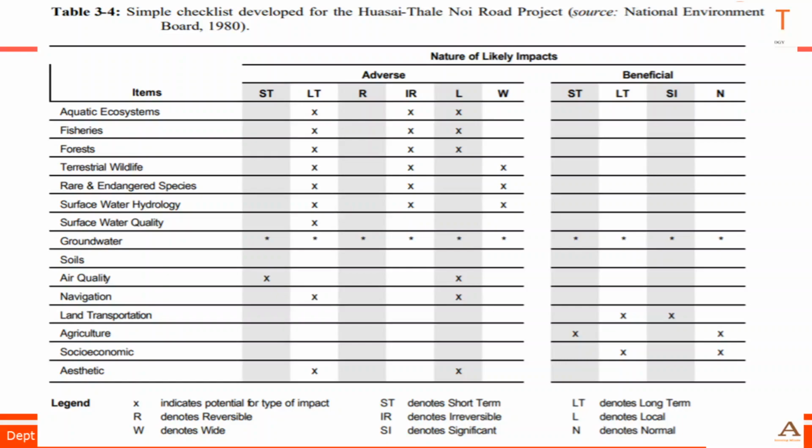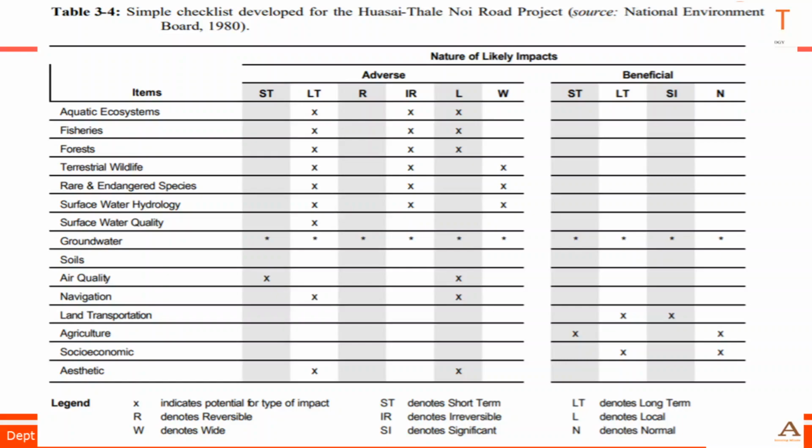So probably this project is not in India. It is somewhere in maybe some other foreign country, maybe some neighboring countries. So we'll just focus on what the simple checklist is rather than thinking about where the project is.